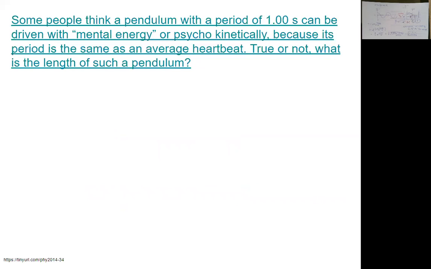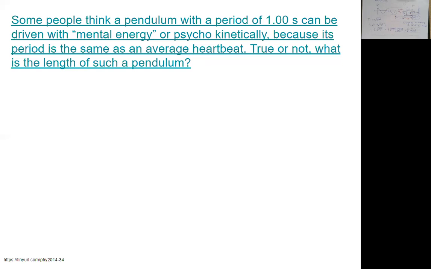So let's take a look at a quick example here. It says, some people think a pendulum with a period of 1 second can be driven with mental energy, or psychokinetically, because its period is the same as an average heartbeat. True or not? What's the length of such a pendulum?